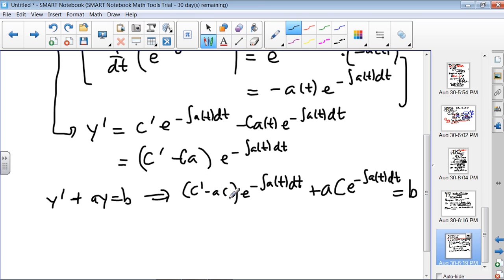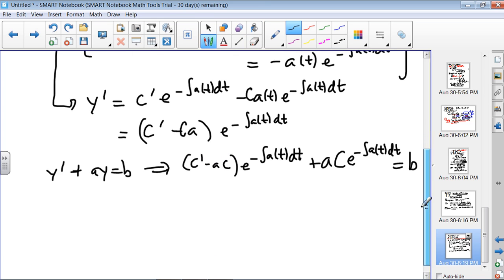The reason why we needed that is because you'll notice now that here's a minus ac exponential plus ac exponential. So these terms cancel. So this tells us that c prime times the exponential equals b.